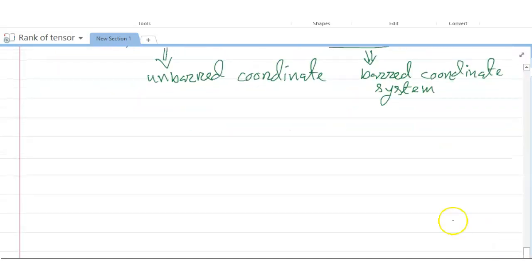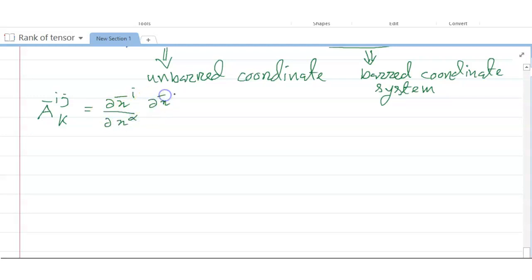So friends, a bar i j k can be written just by transforming it: del x bar i into del x to the power alpha, del x bar j divided by del x to the power beta.